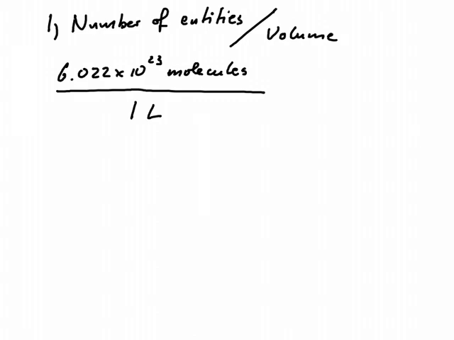We can leave it like that, or we can make life much easier for ourselves, because we can write this 6.022 times 10 to the 23 molecules as 1 mole per liter, given that 6.022 times 10 to the 23 entities equates to 1 mole. That is the definition of a mole.